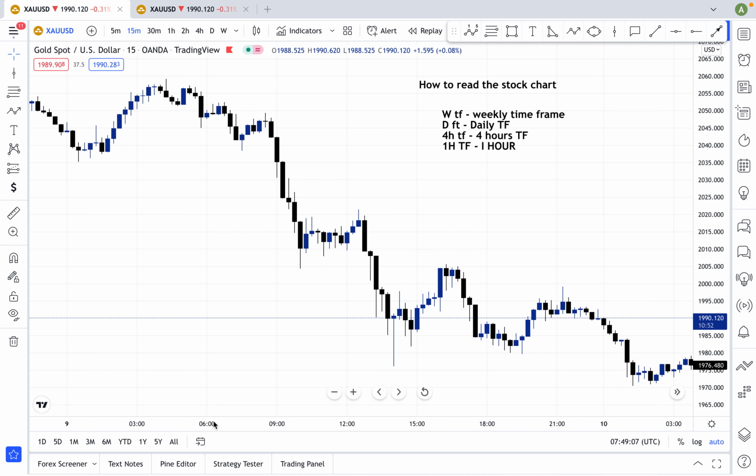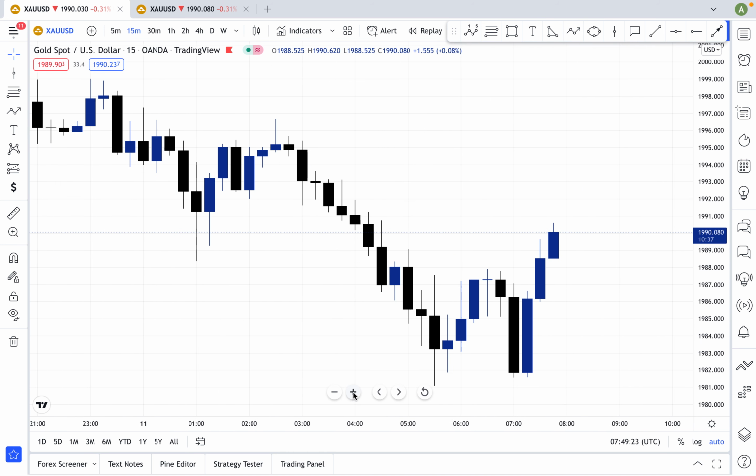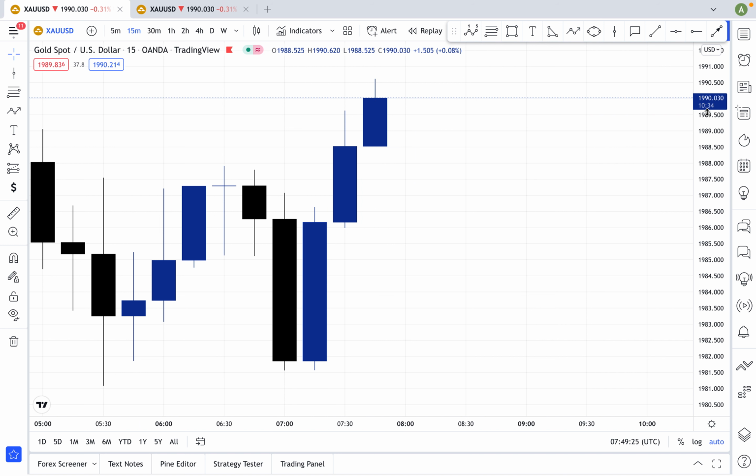If you check the right side where my price is, you can see a countdown. The countdown signifies the time remaining for this candle to be formed. This candle is still forming. You see, it remains 10 minutes 34 seconds.